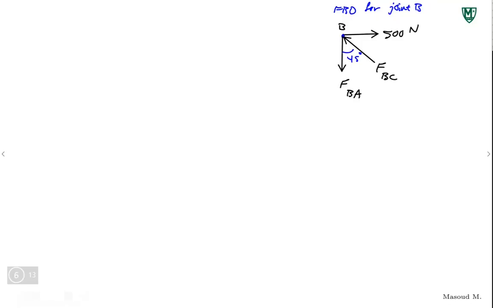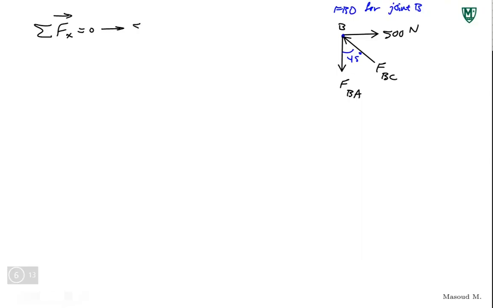The rest again is exactly what we used to do for free body diagram or equilibrium of a particle in two-dimensional space. Summation of forces along x is equal to 0. Let's take this as positive. Let me use the color I usually use for solutions. And x is equal to 0, in this direction is positive.